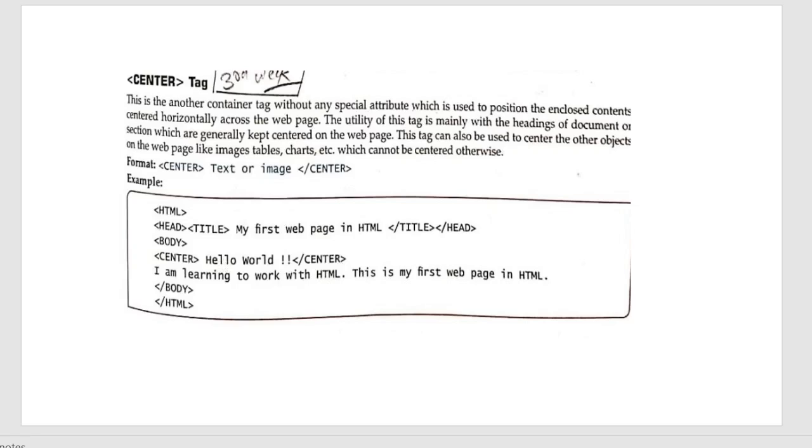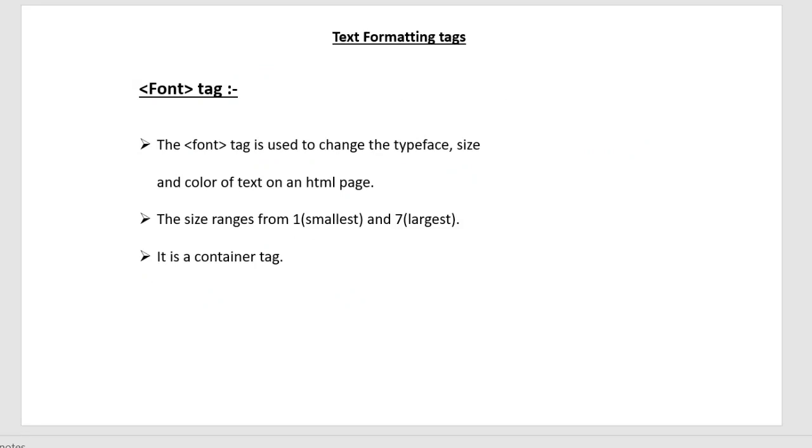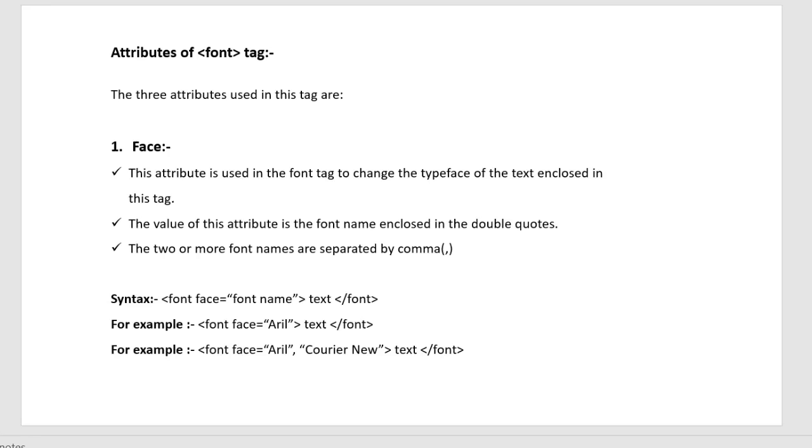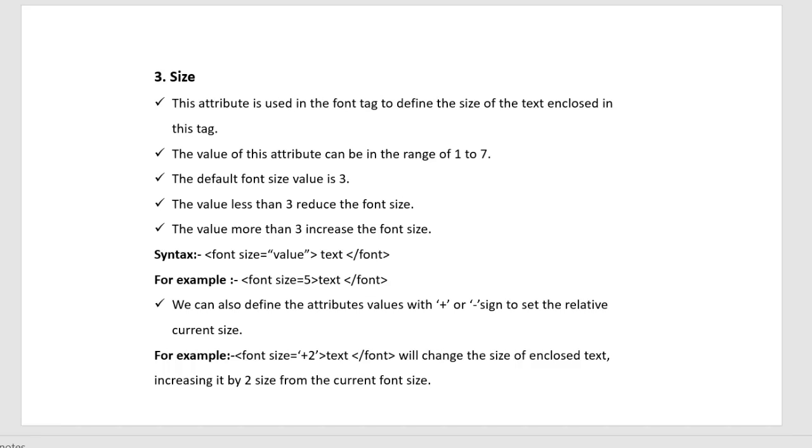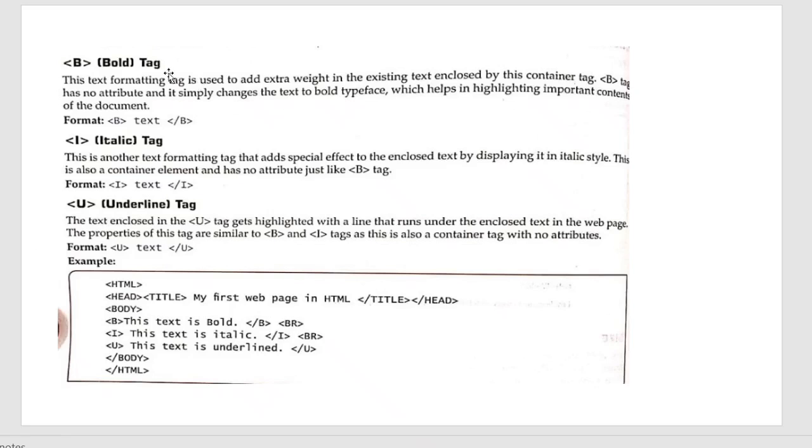So again, we can revise fast. Today we discussed the font tag. In the last video, the font tag and the three attributes of your font tag: first is your face, second is your color, and third one is your size. Then we discussed the B tag, I tag, and U tag.